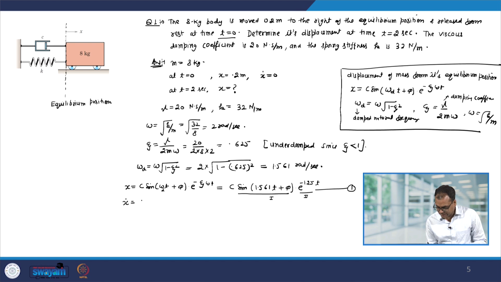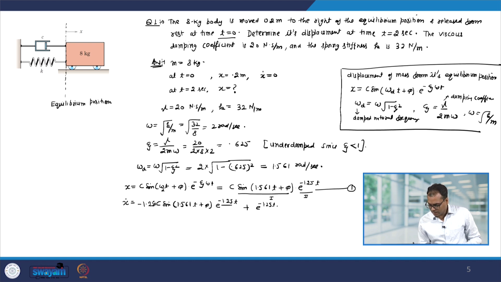So, we get the first function as it is, c sin(1.561 t plus phi), and then the derivative of the second function. e to the power x is e to the power x, so e to the power minus 1.25 t, and differentiation of that will be minus 1.25, plus the second function as it is, e to the power minus 1.25 t, into the derivative of the first function, which is c cos(1.561 t plus phi), and then the derivative of that, which is 1.561. Okay. So, let me call this equation number 2.